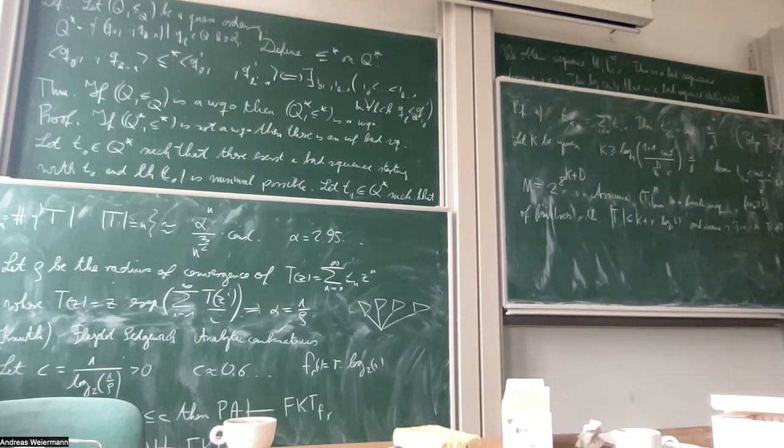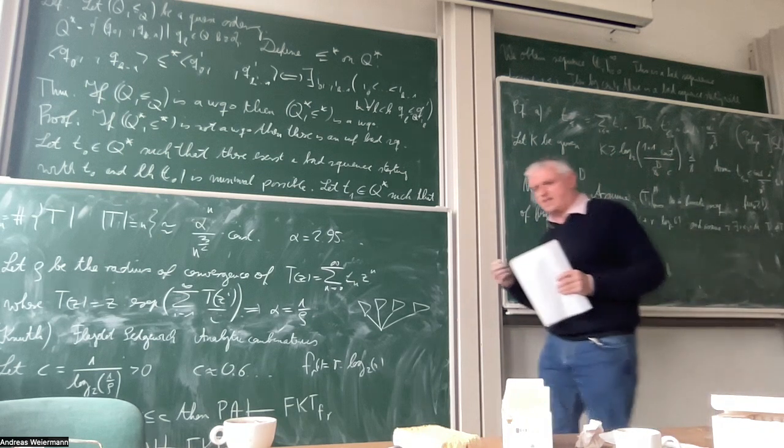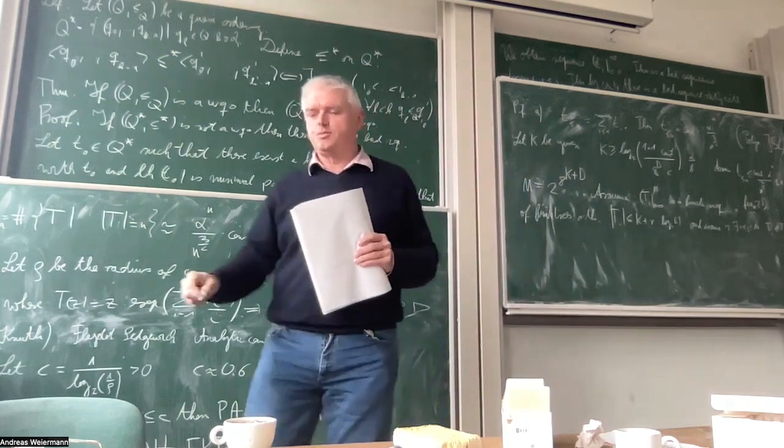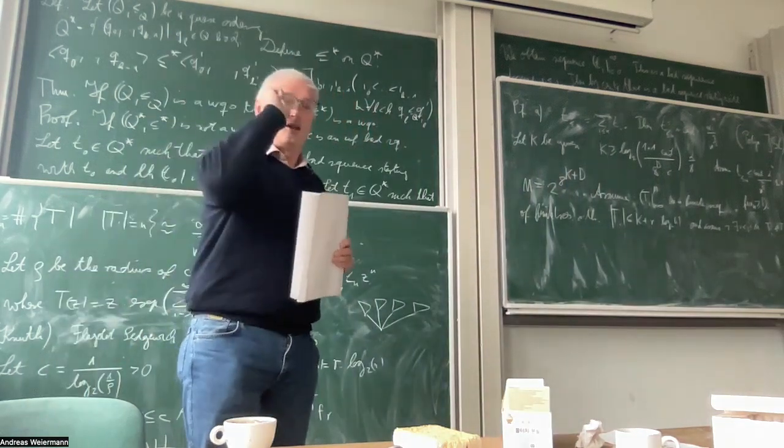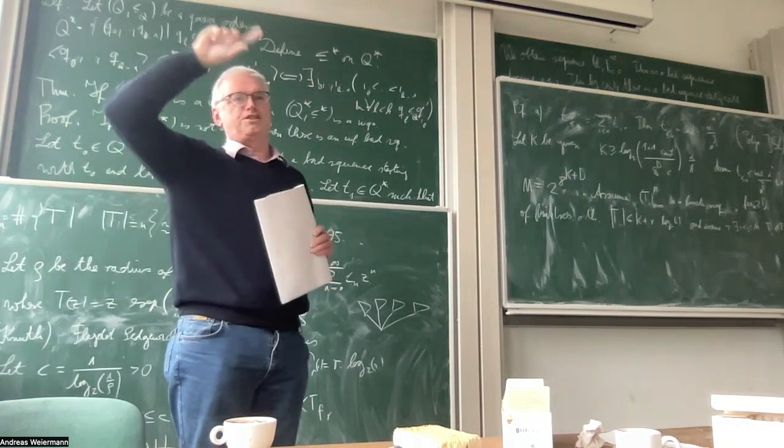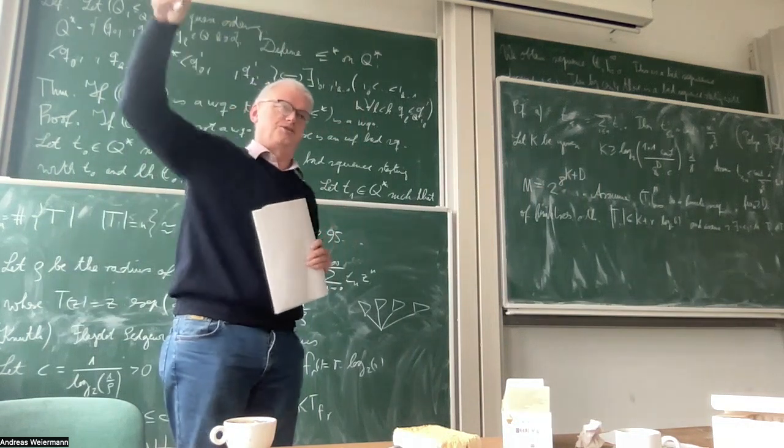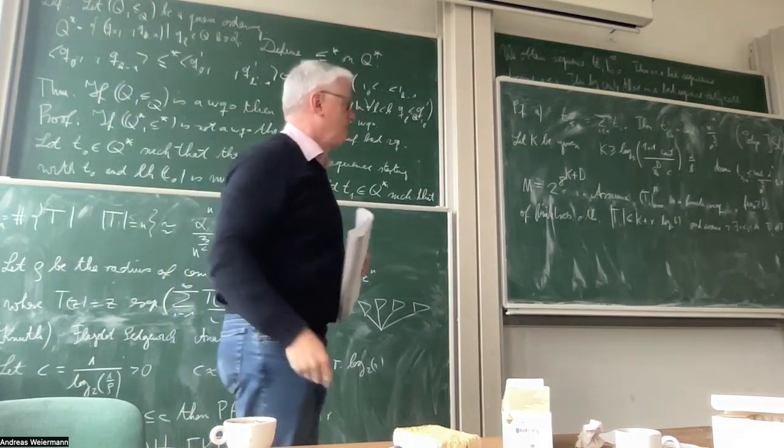Okay, what do we have? Then, since you have a bad sequence, all the trees have to be different. Because if in a sequence two elements are the same, the first embeds into the second by the identity.